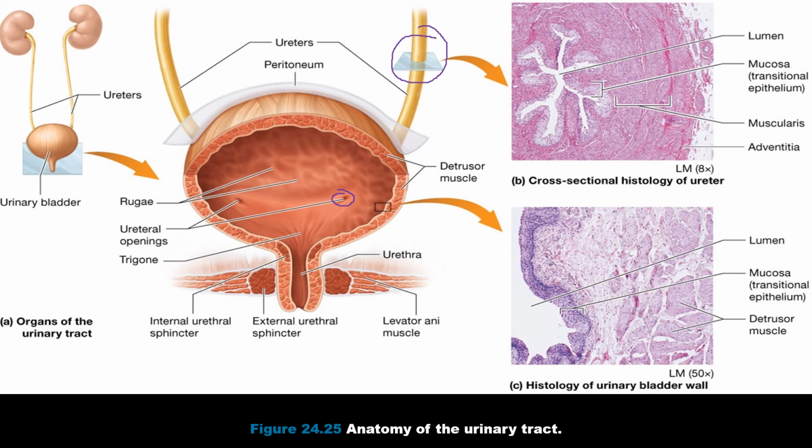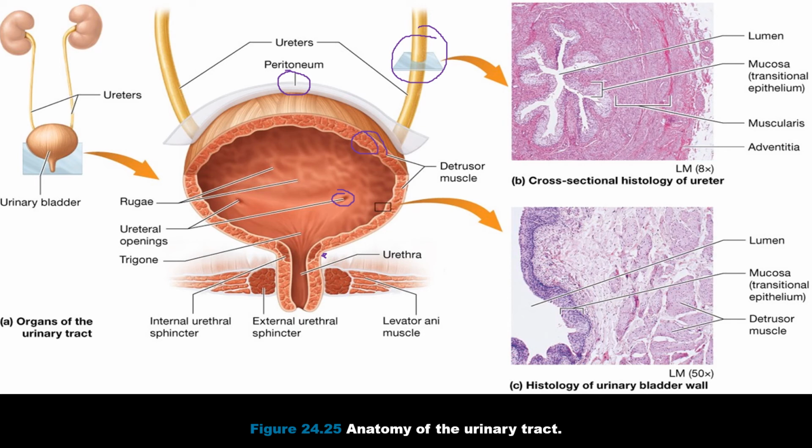But the bladder itself, you see, has all of those various muscular layers crisscrossing. You have longitudinal, circular, longitudinal, and that makes up this detrusor muscle layer. At the very top, you have the parietal peritoneum resting on it. All of it surrounded by this adventitia on the outside.